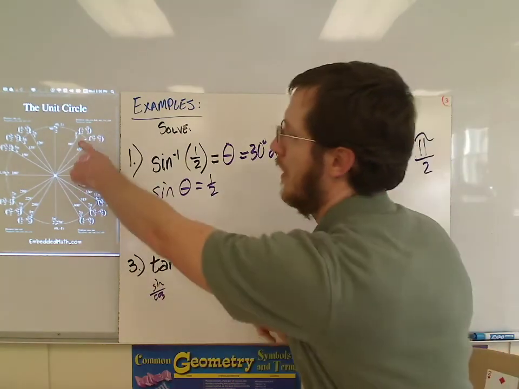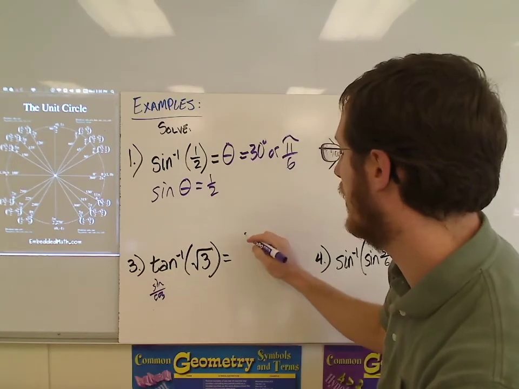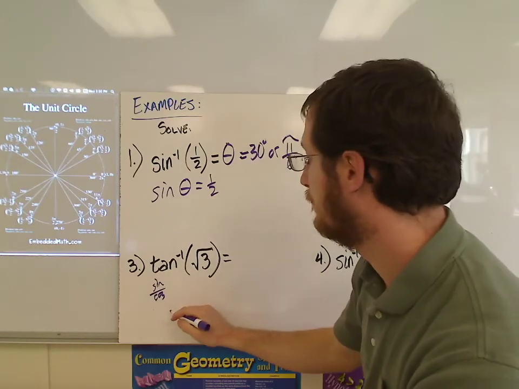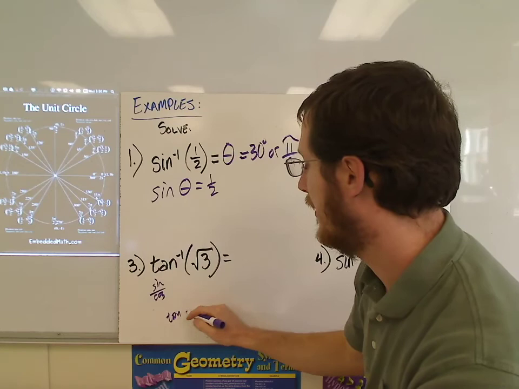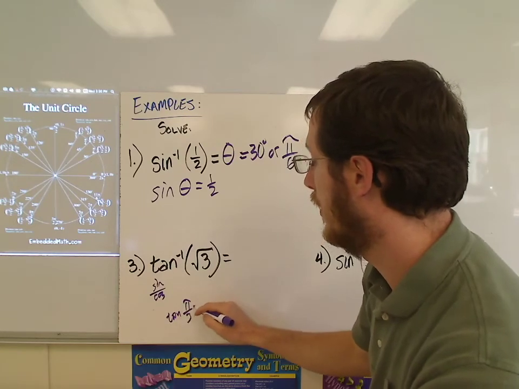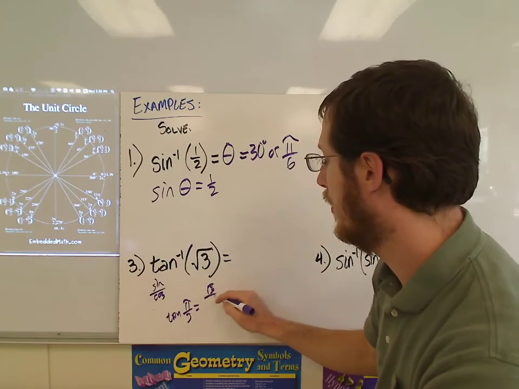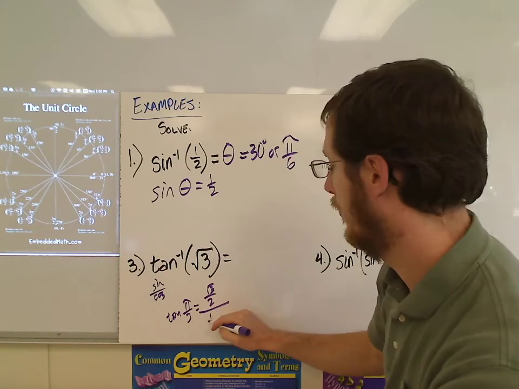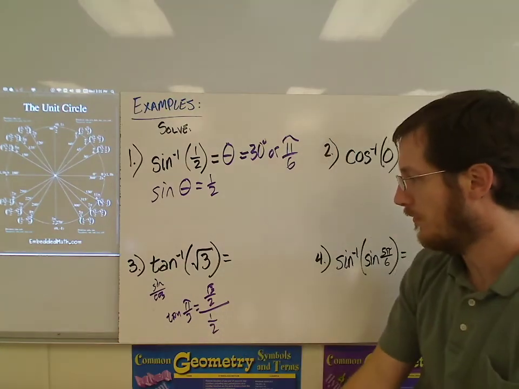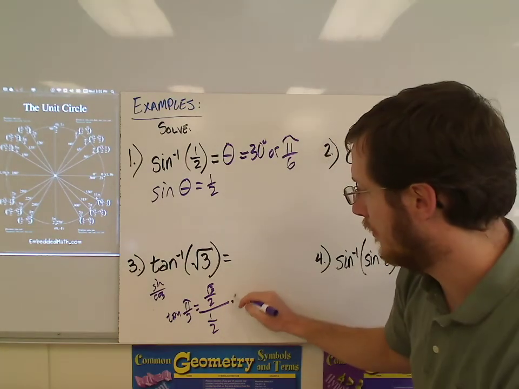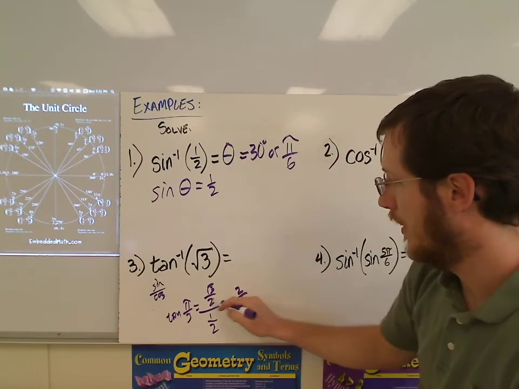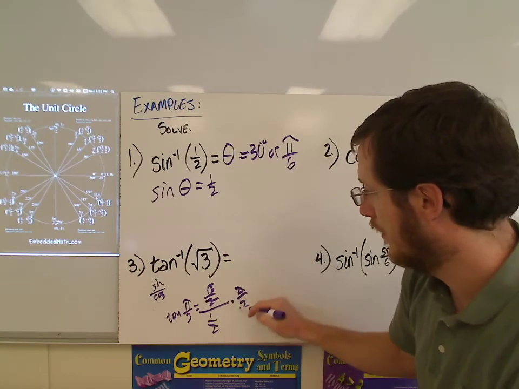So let's try pi over 3. The tangent of pi over 3 would be root 3 over 2 over 1/2. If we multiply the top and the bottom by 2, that would get rid of our denominators.